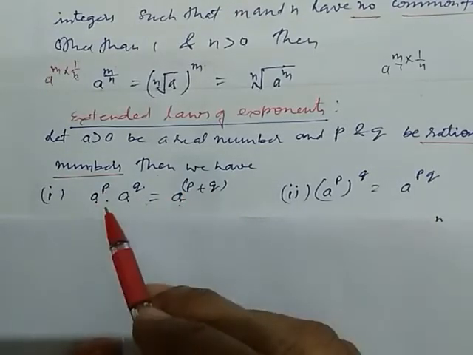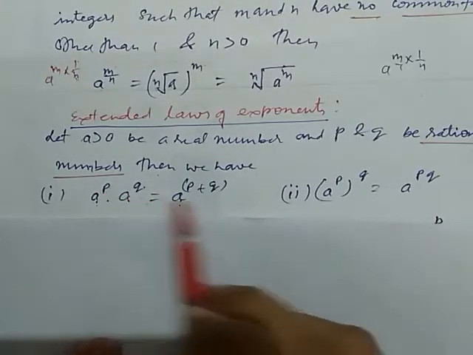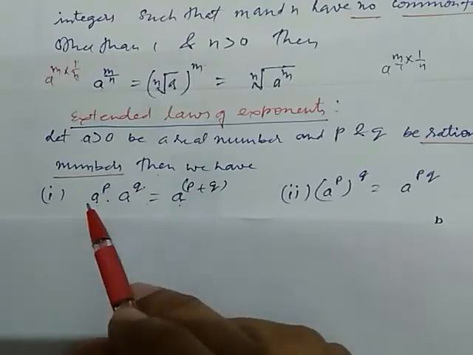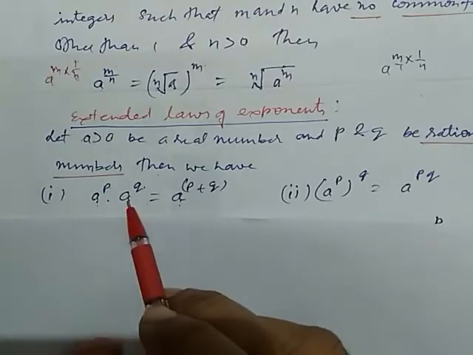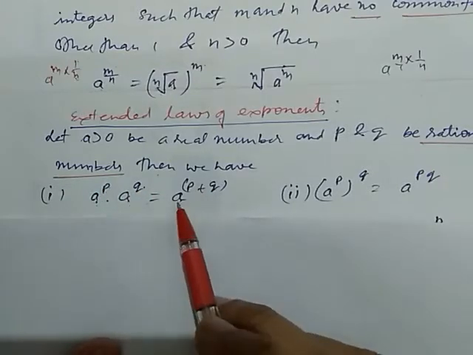When the bases are the same, the powers are added. Here both bases are a, so we add the powers, and this becomes a power p plus q.